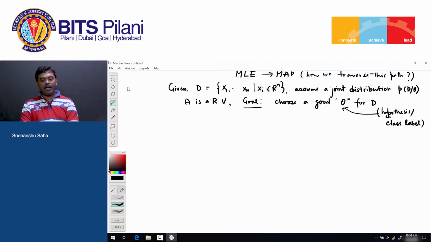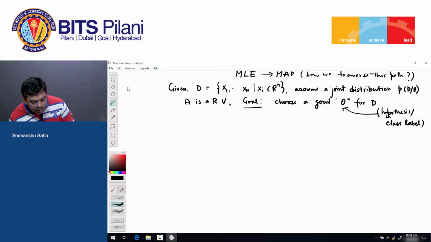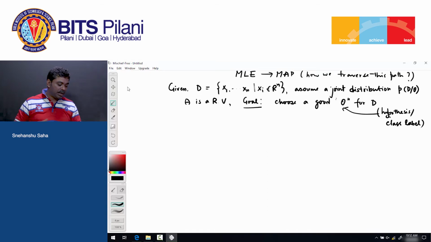If you want to use maximum likelihood estimation in a classification problem, then if you choose a good theta for your data, it will amount to correct prediction of classes. So what's the key difference? When you are estimating the mean, let's say, you would have prior information about the mean.